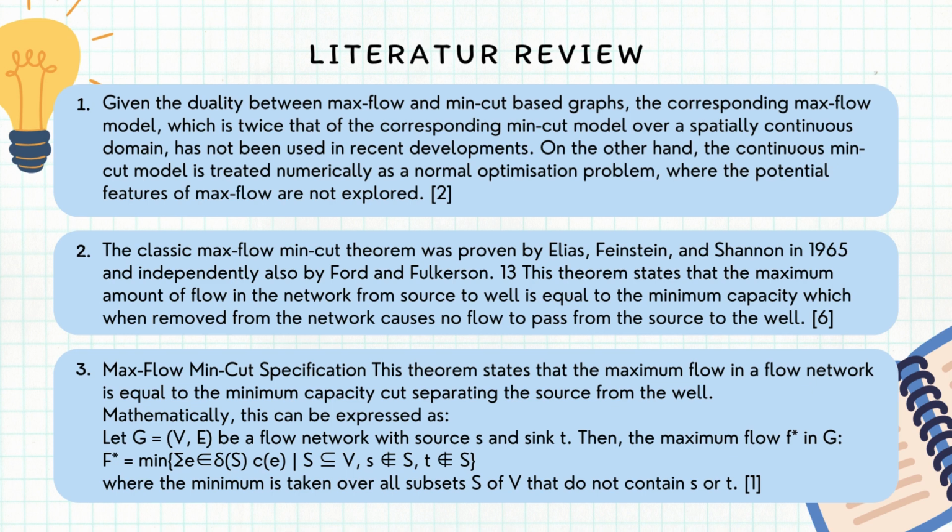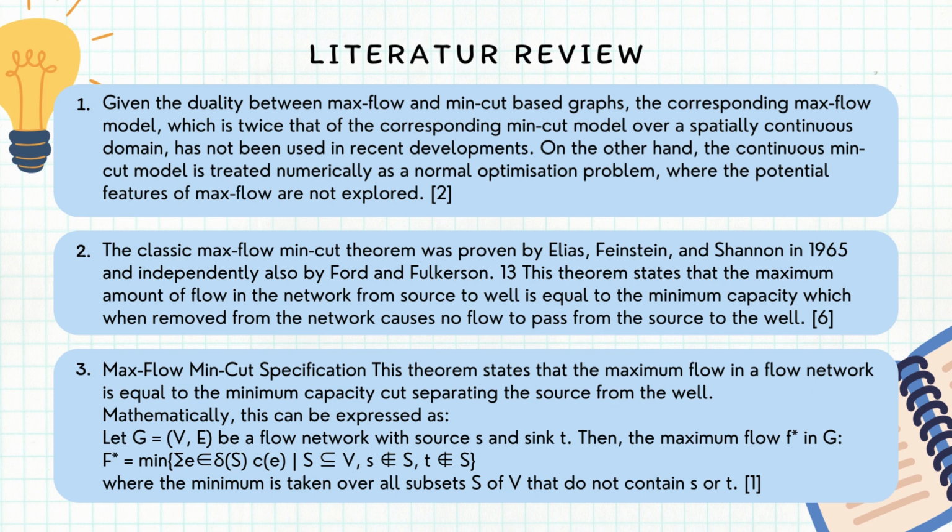And for the third, max flow min cut specification, this theorem states that the maximum flow in a flow network is equal to the minimum capacity cut separating the source from the sink.